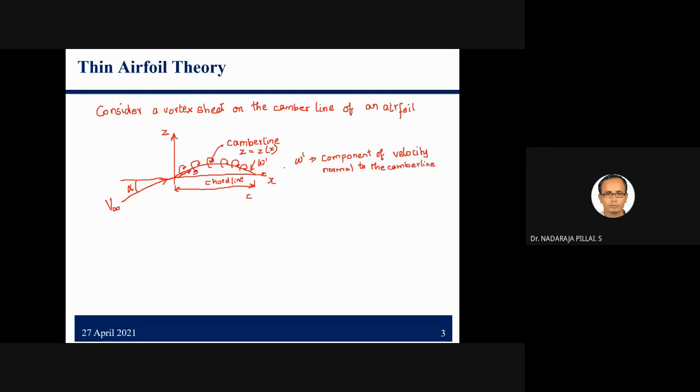So as an aerodynamics student, one can say that W dash is equal to W dash of S, because this can be along the camber, right?